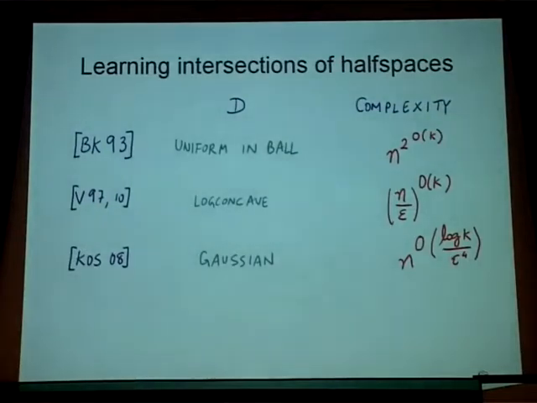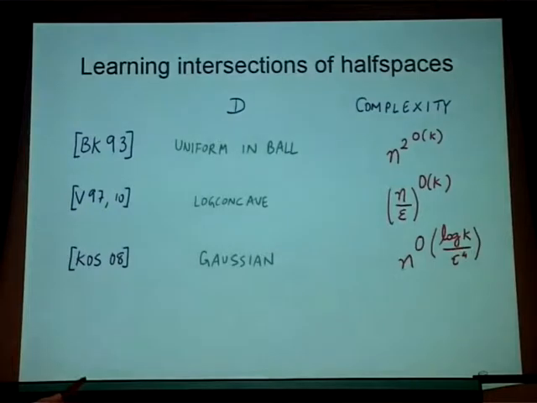And these guys, Klivans, O'Donnell, and Servedio, in the same paper where they proved the lower bound, for the Gaussian case, had an upper bound of n to the order log k over epsilon to the 4. So a much better dependence on k, worse on epsilon. That algorithm is also agnostic for those who do learning theory.